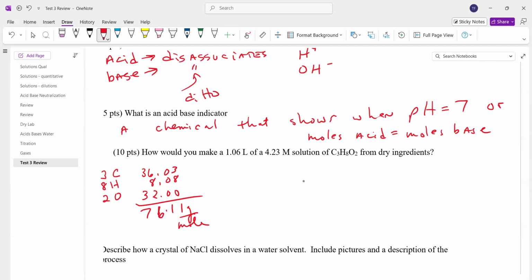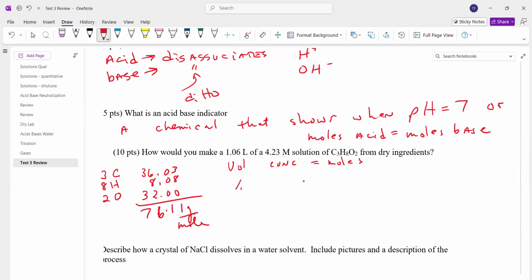Okay, so we need how many moles? How many moles of dry ingredients do we need? So that's step number 1. Remember, volume times concentration equals moles. So now we can solve for how many moles of propionic acid is going to be in the solution.